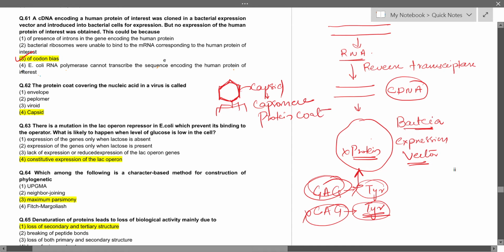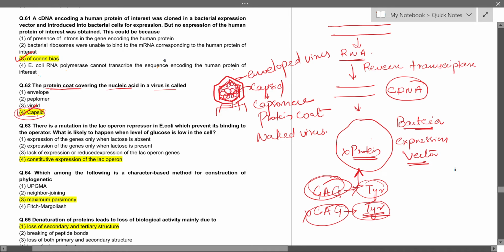If this protein coat is covered by an envelope, it is called an enveloped virus. If this envelope is not present, it is called a naked virus. So the protein coat covering the nucleic acid in a virus is called the capsid. So the fourth option is the correct one.